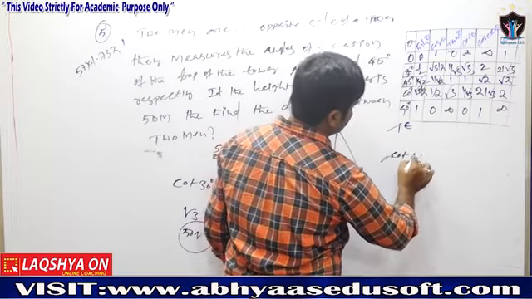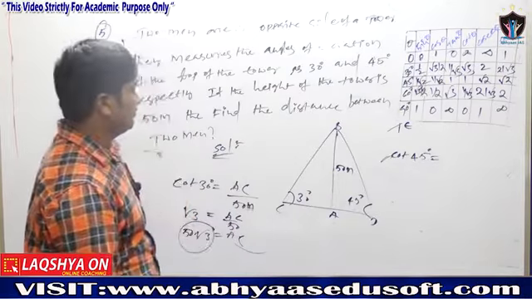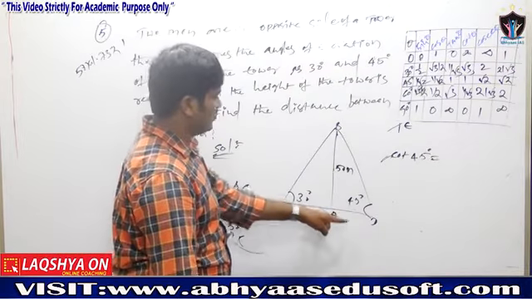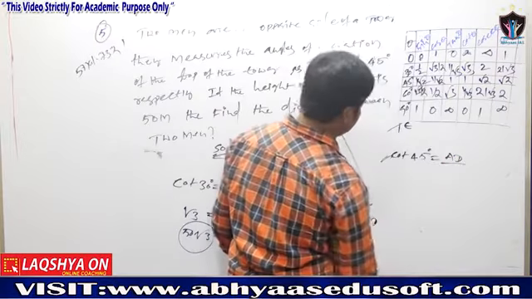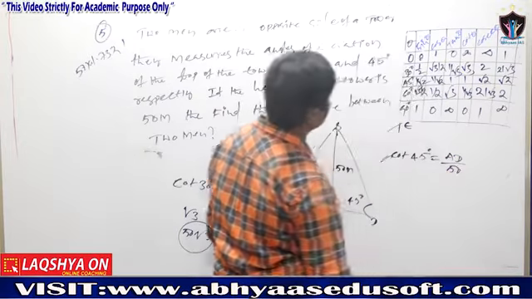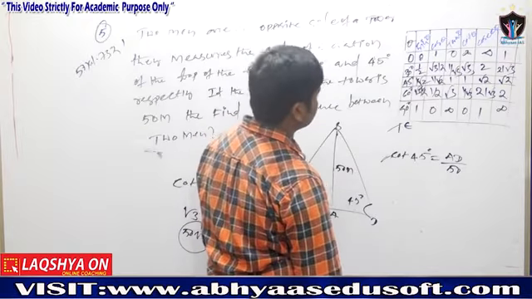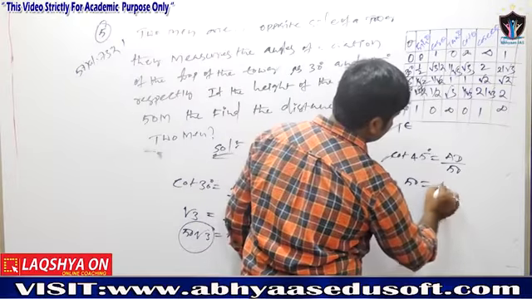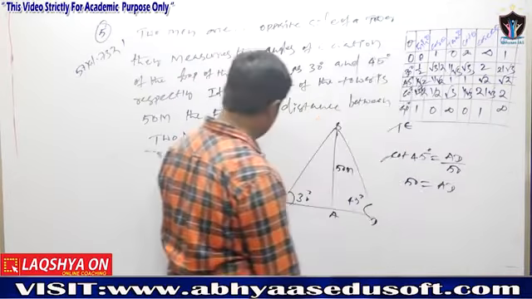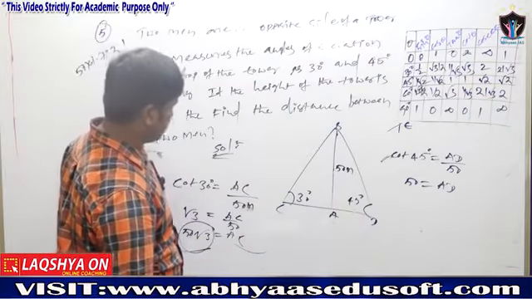Cot 45 degrees is equal to base by perpendicular, AD by 50, cot 45 is equal to 1, so 50 is equal to AD. So one is 50 root 3, another is 50.